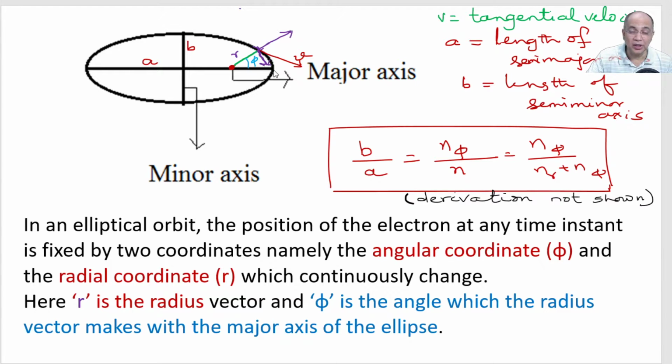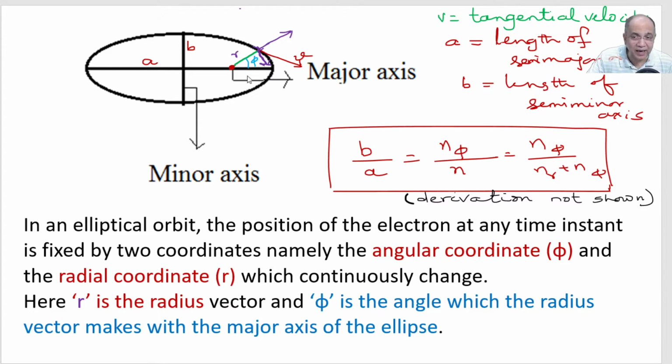I'm sure you have the knowledge that an ellipse has two axes. The bigger one is the principal axis, the smaller one is the minor axis. And half of it is called the length of the semi-major axis, this is A, and this is B, the length of the semi-minor axis.